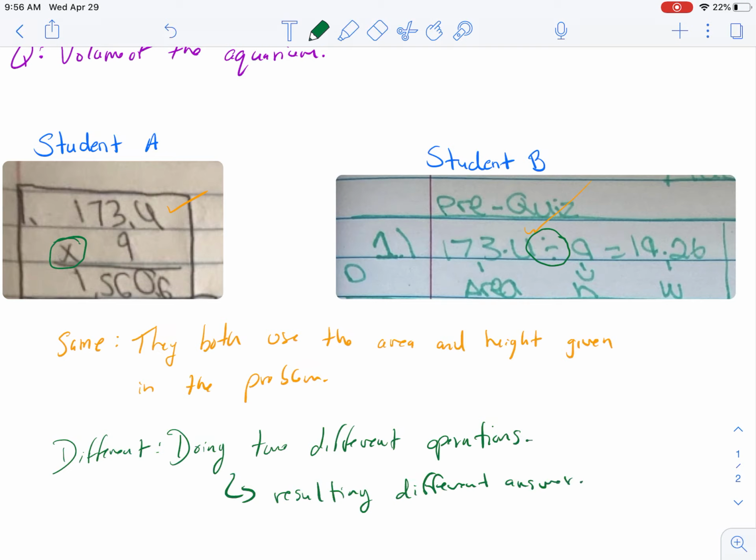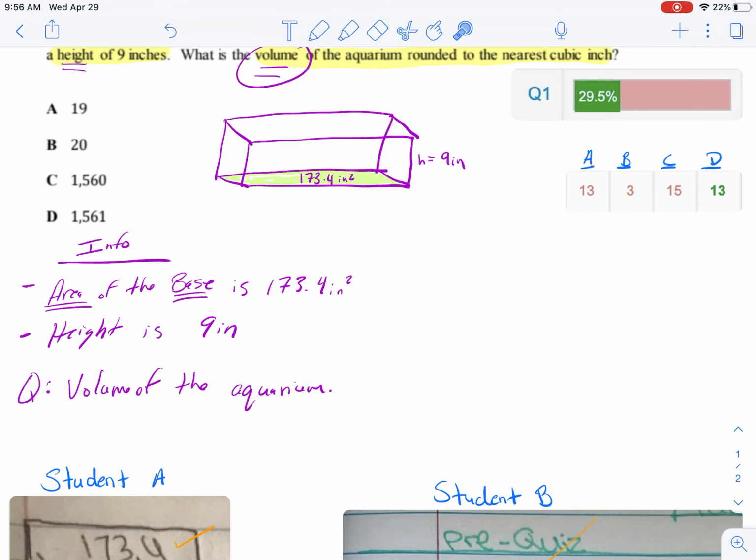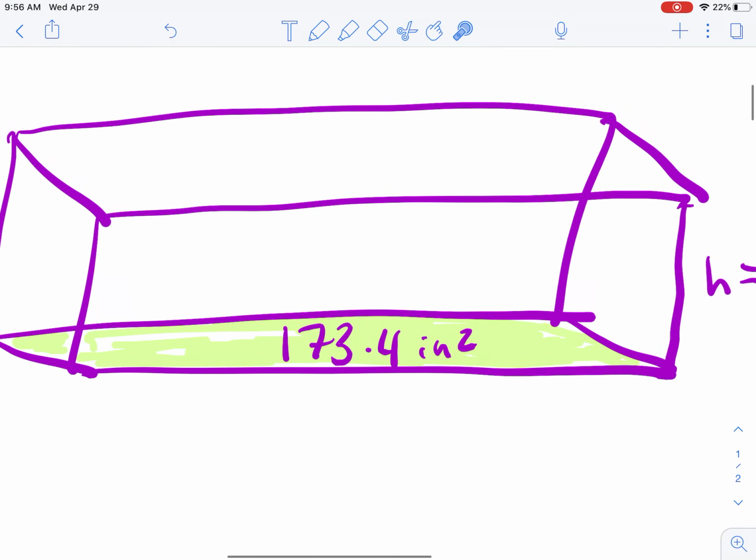Okay, so now that hopefully you guys fall into one of these buckets. You're either a student A or you're a student B. But now that we've looked at their differences and compared them, let's figure out which operation we should be doing and why. So let's go back to our problem and our information given. I know that I have the area of this base, right?